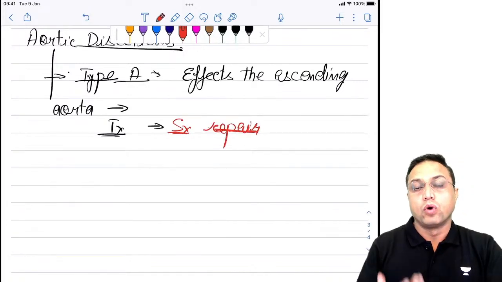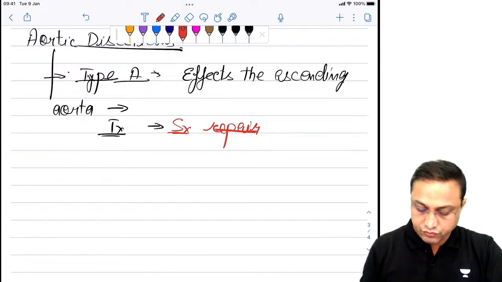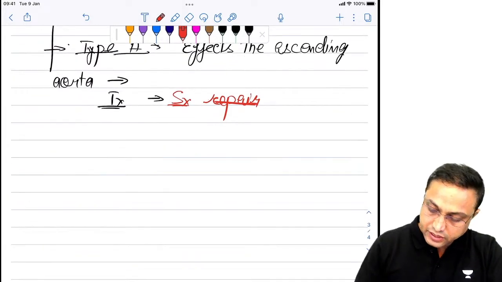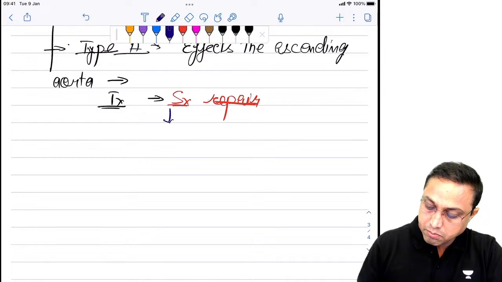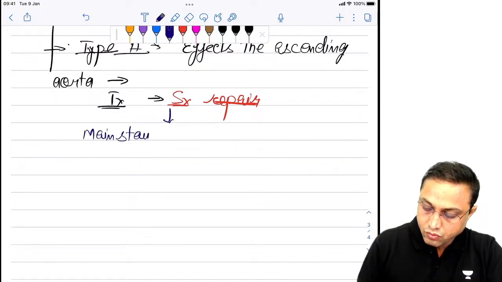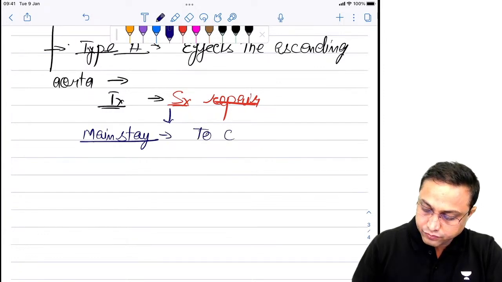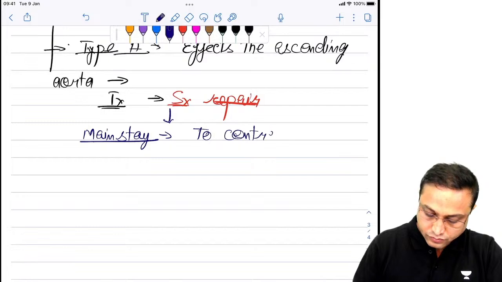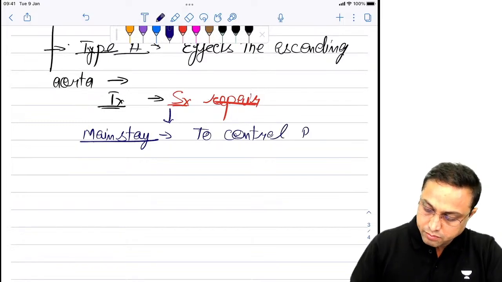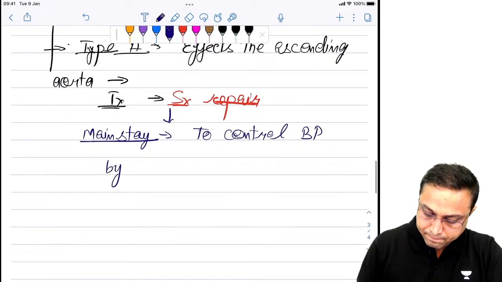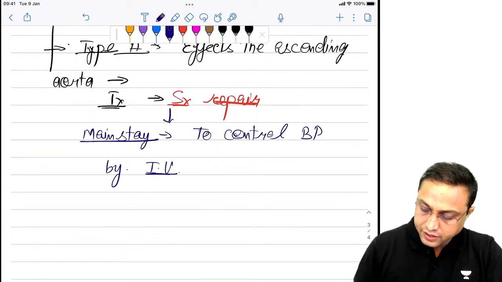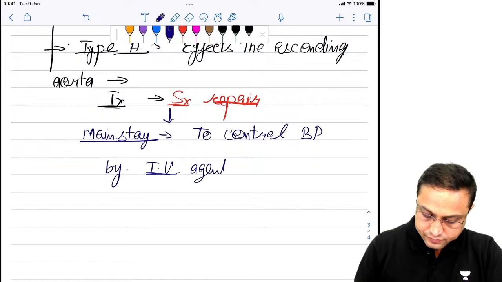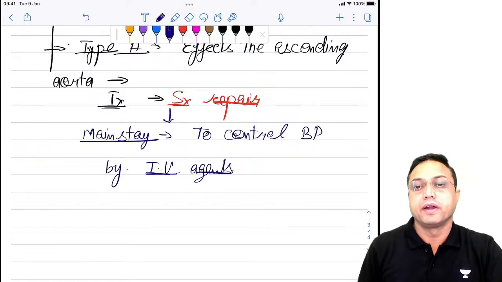Now, why surgical, and what is the mainstay of the treatment? The mainstay of the treatment is to control blood pressure by intravenous agents. Why intravenous agents?